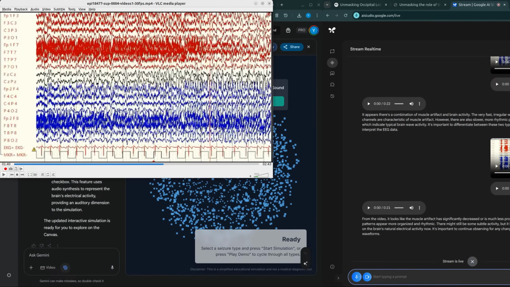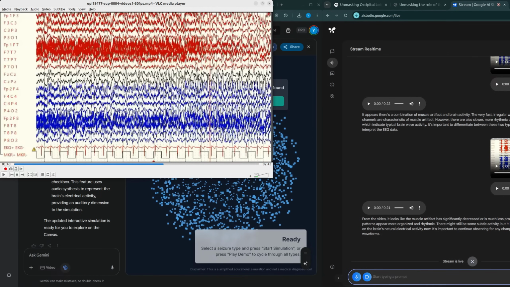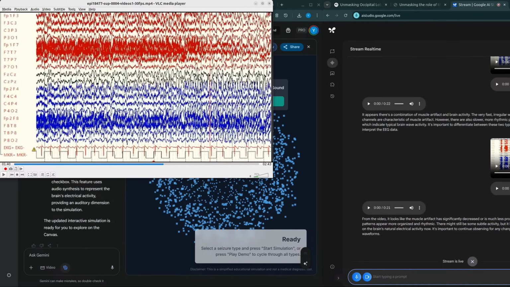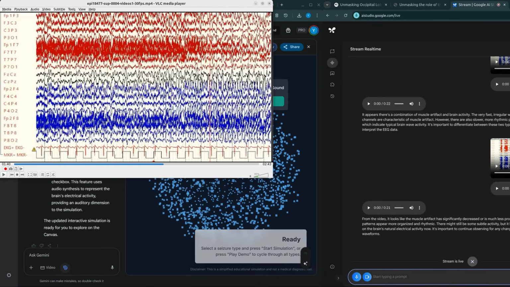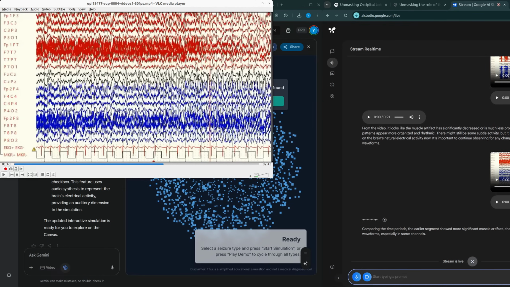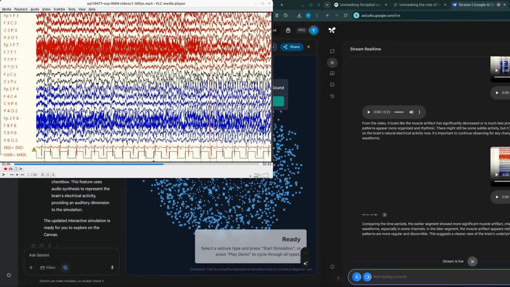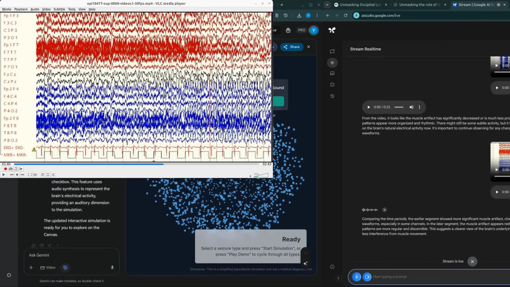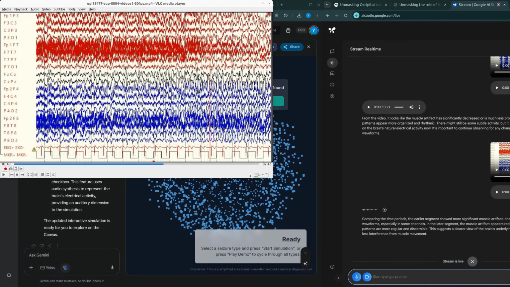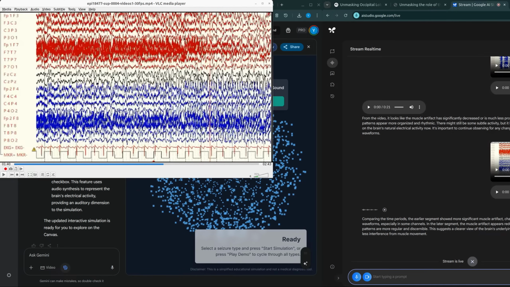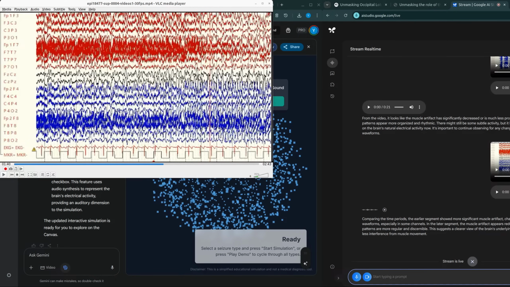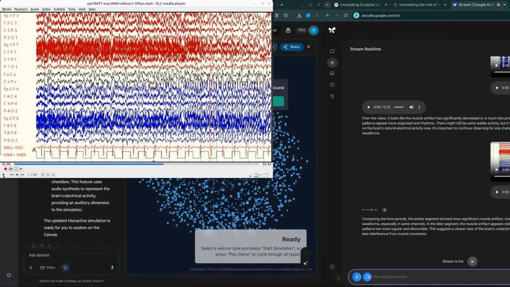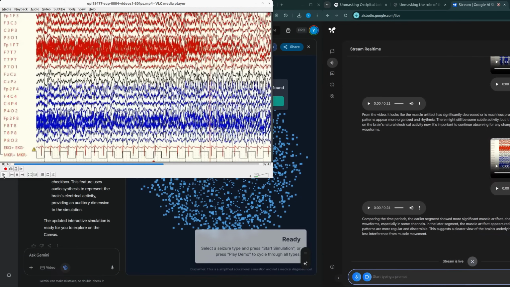What's the difference between the two states? Comparing the time periods, the earlier segment showed more significant muscle artifact, characterized by fast, irregular waveforms, especially in some channels. In the later segment, the muscle artifact appears reduced, and the brainwave patterns are more regular and discernible. This suggests a clearer view of the brain's underlying electrical activity with less interference from muscle movement.